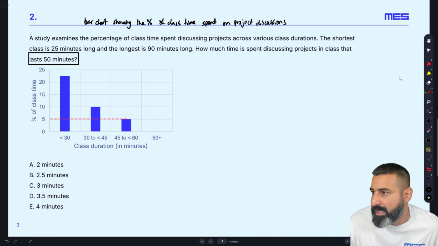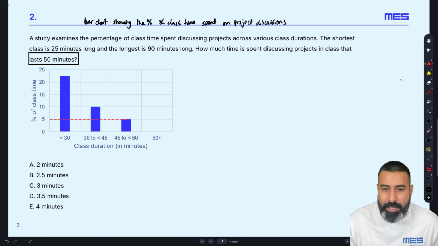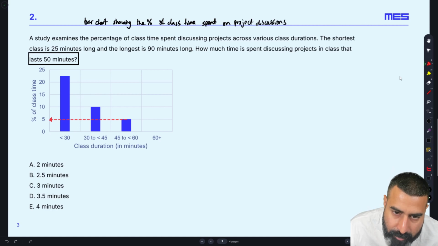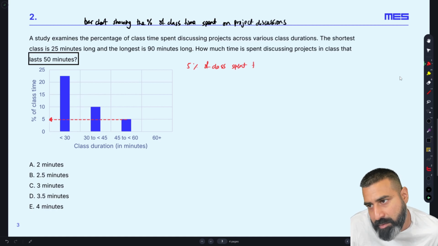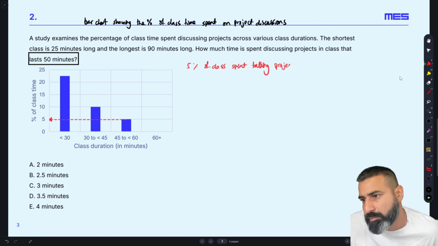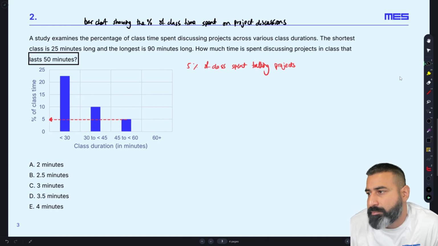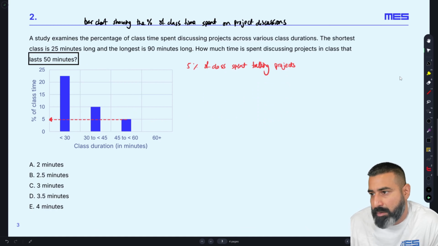So 5% of 50 minutes is what we're really saying, because if we read off that graph, we can see that 5% of class time is spent talking about projects.